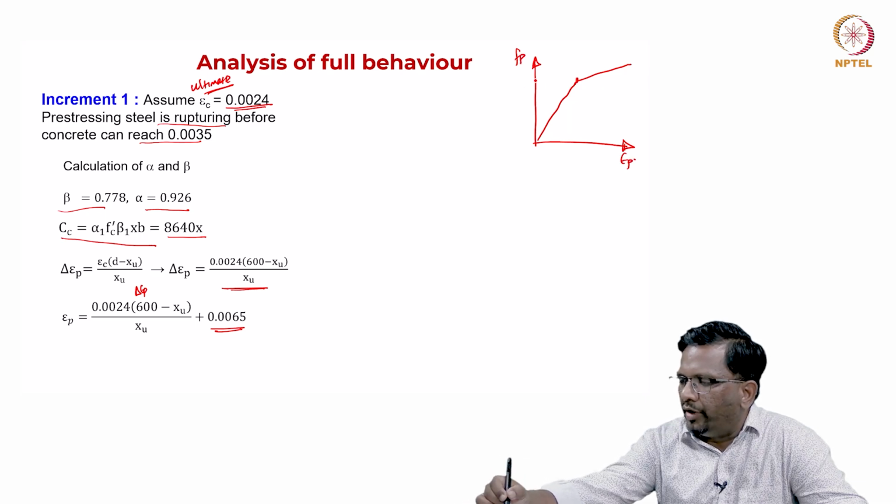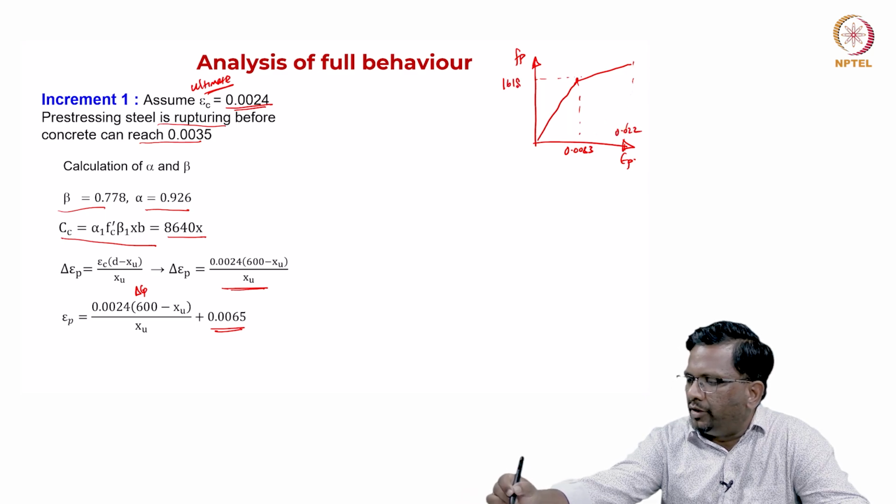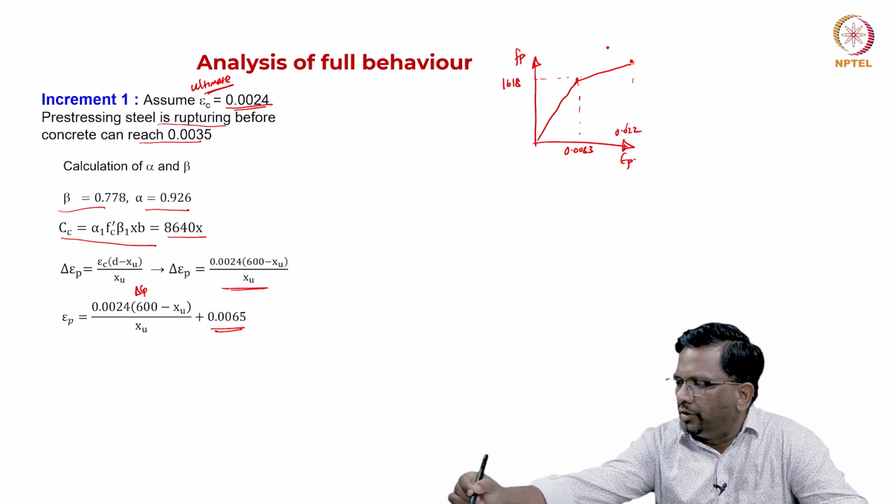Now I put less steel, right. So this, we have taken to be 0.0083, and this is your 0.022, and this is 1618, and this is 1860 megapascal, right.